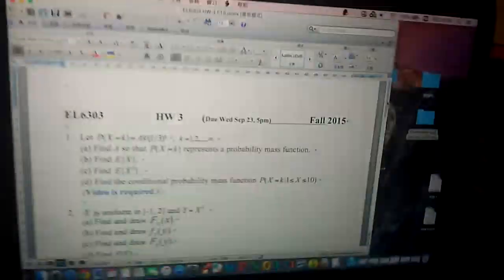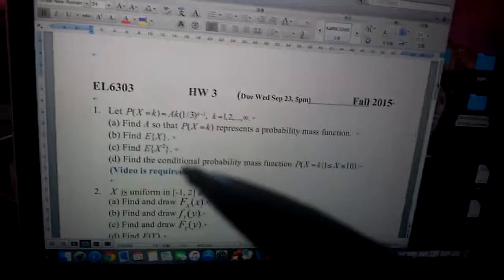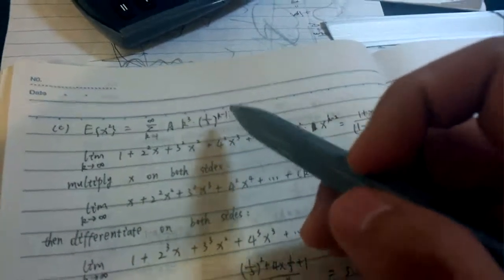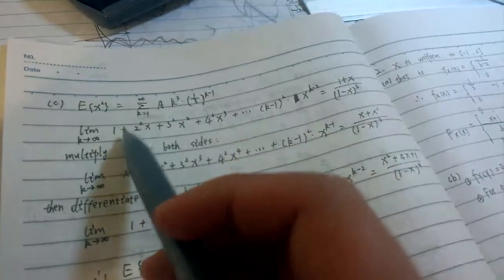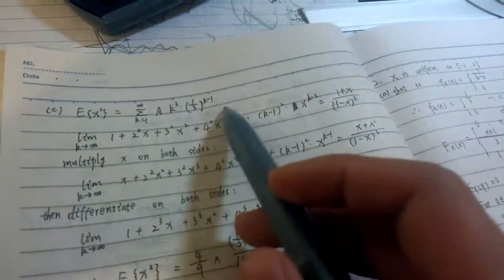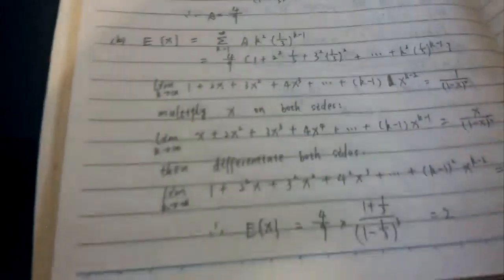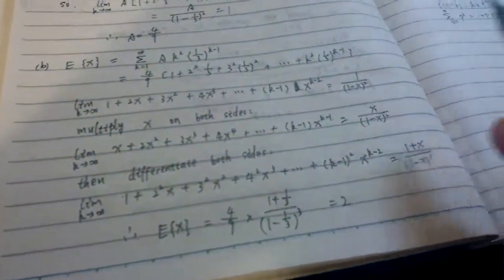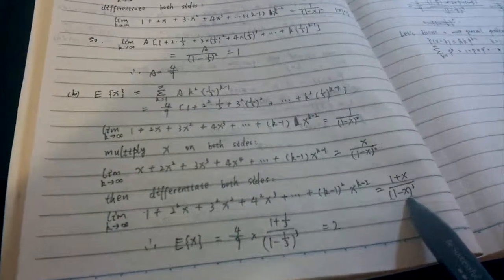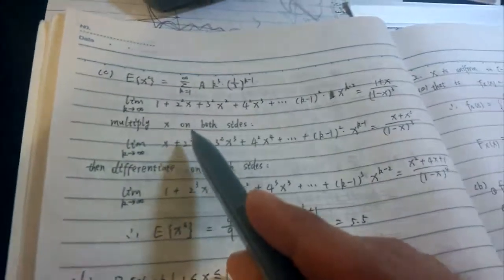Then the third part is to find the mean of X squared. E of X squared is equal to this equation according to the definition, and this one can be transferred to this one. So we can also get this equation from the second part, and for this part we multiply x on both sides.